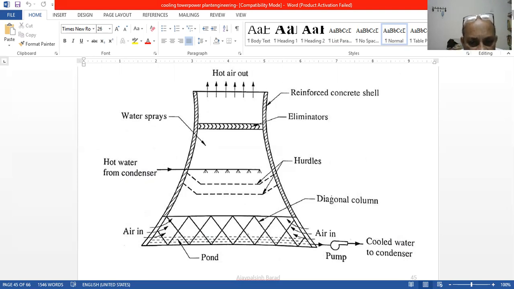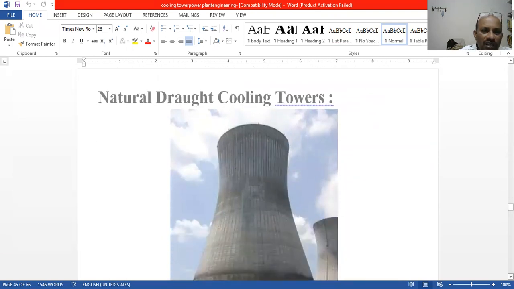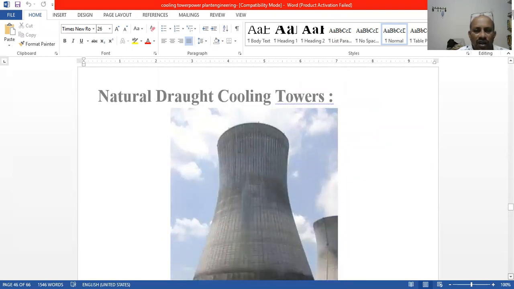Over there, again we are having cooled air. There will be diagonal columns like this. The entire shell is made of reinforced concrete. Now we will see the natural draught cooling tower.